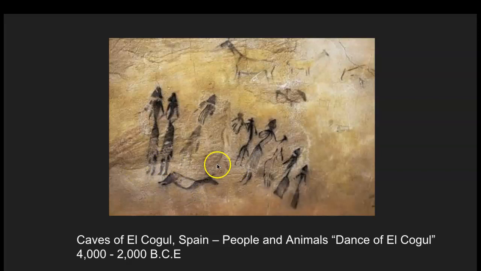So again, we see more often the engagement of people in everyday lives and the combination of figures with animals in a very simplistic, abstracted way, but giving us a lot of information about the figures.